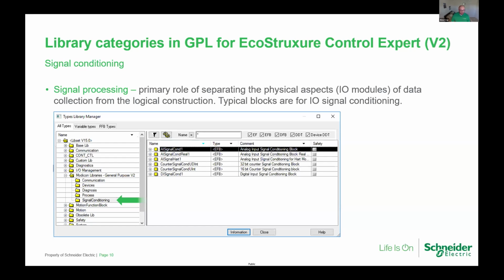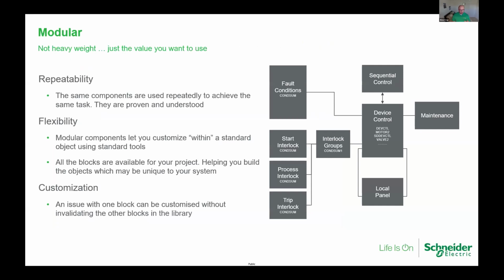So how does that all fit together? Because all of these general purpose DFBs, or derived function blocks, are modular in Control Expert, it's a nice way to build it the way that you want it, right? So we can see here we have the device control.